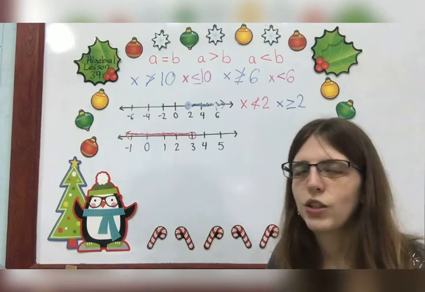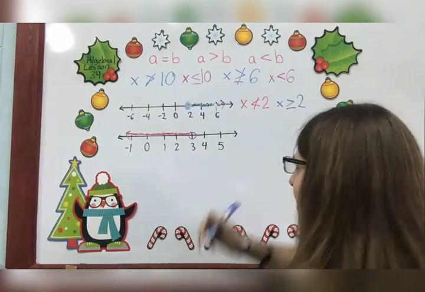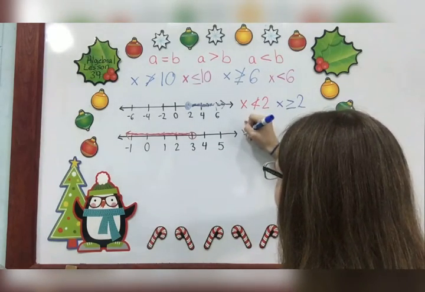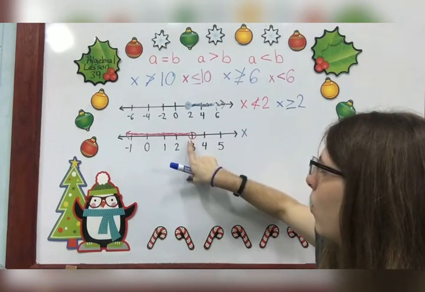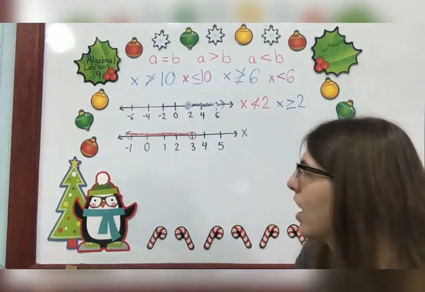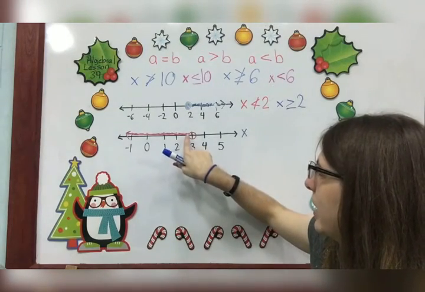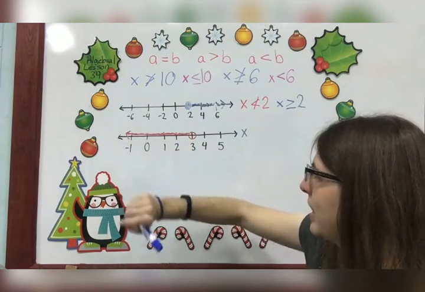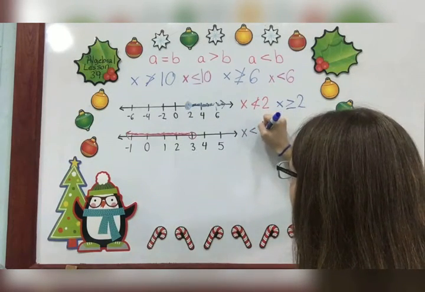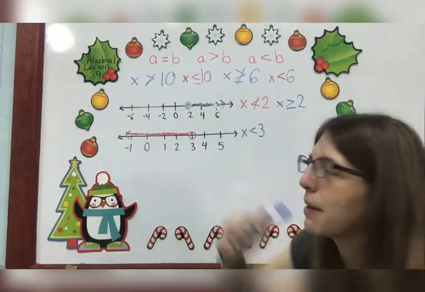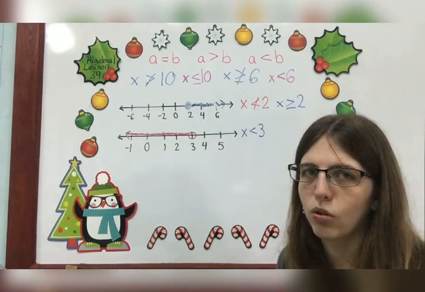Let's represent the number with an x, and let's start with what the number is. Well, it doesn't include 3. It goes to the left, so that means smaller. So that means that x has to be less than 3, not including 3 because it has an open circle.